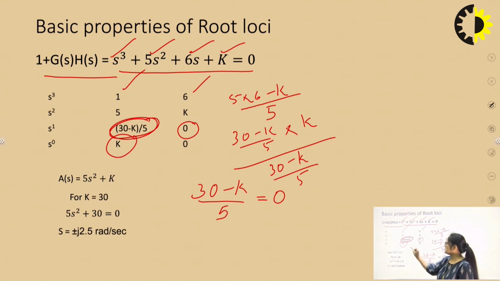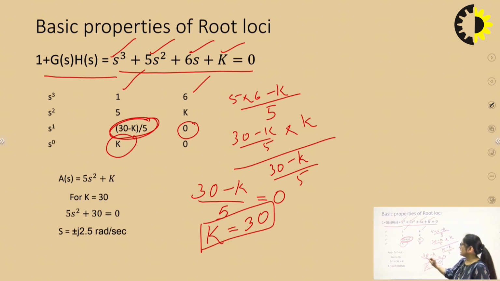So k comes out to be 30 from this expression, and making this element 0 means this row is now 0, and the preceding row is 5 with an element here and another element here, k.